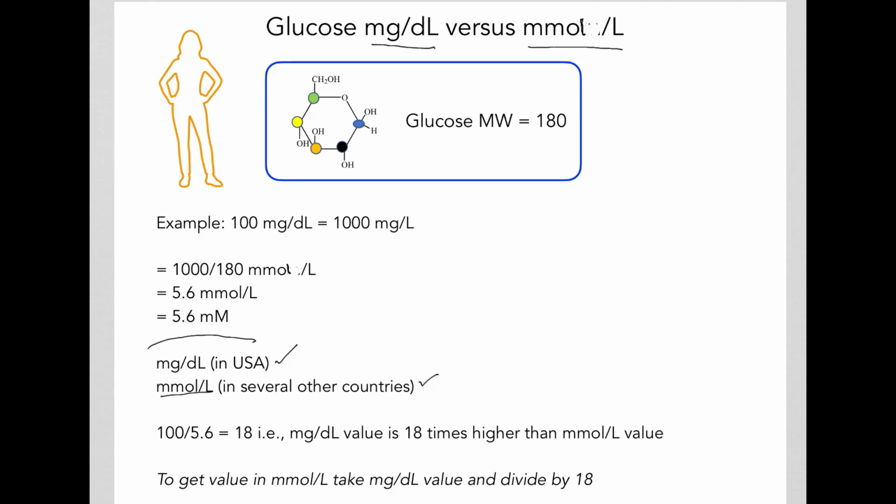If you get a value in milligrams per deciliter, all you have to do is divide it by 18, and that will give you a value in millimoles per liter. So for example, if you had 100 milligrams per deciliter, if you divide it by 18, you would get 5.6 millimolar.